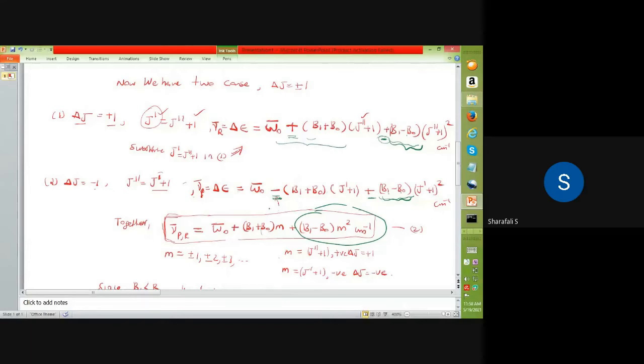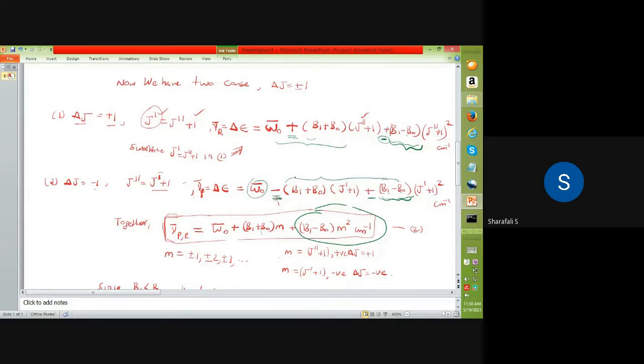Because of the fact that B1 is less than B0, the separation in the P branch will always increase. If you consider the center line omega 0 bar, a large quantity is subtracted with distance.